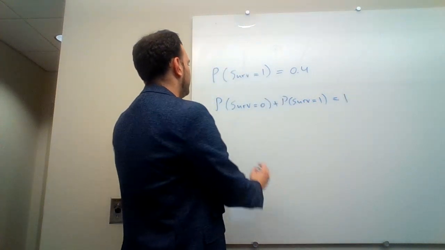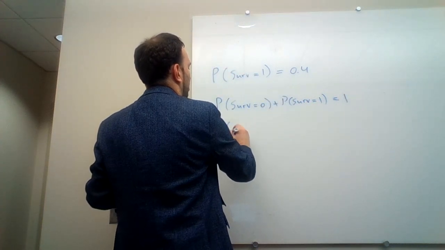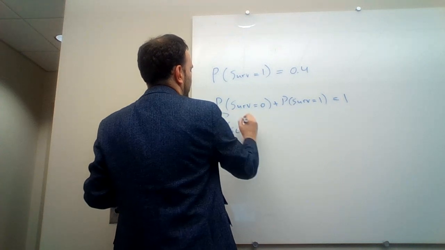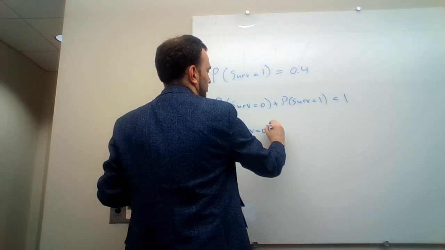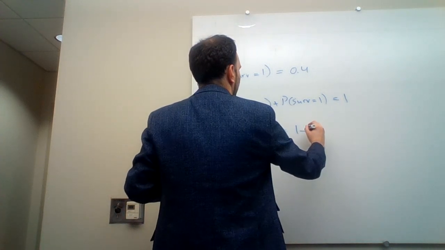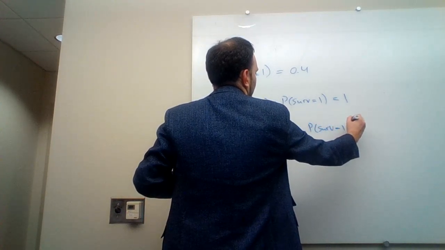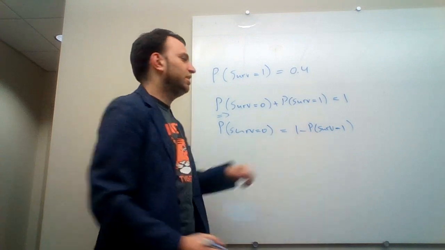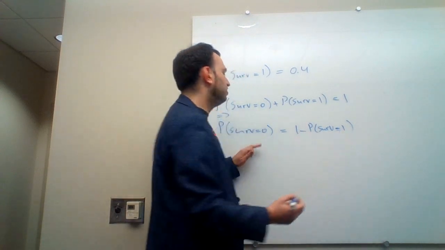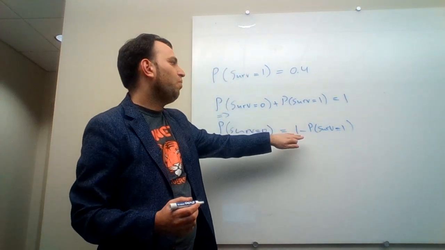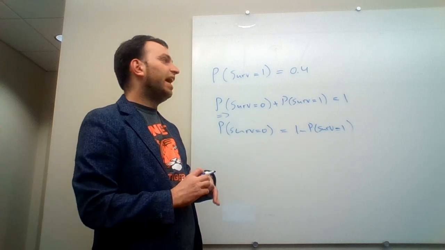What follows from that is that the probability of survived equals 0 is 1 minus the probability of survived equals 1, assuming, of course, that survived is a binary variable, that it could only take on the values 0 and 1. So we'll go with that.